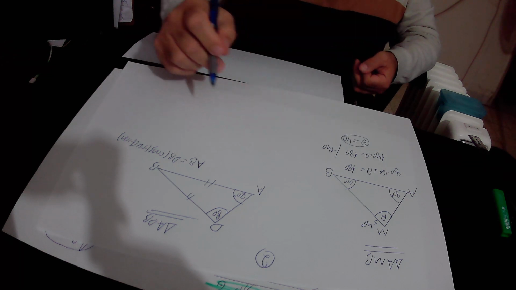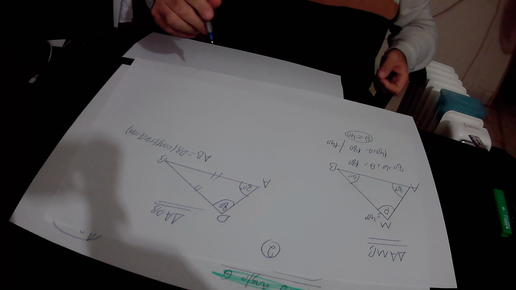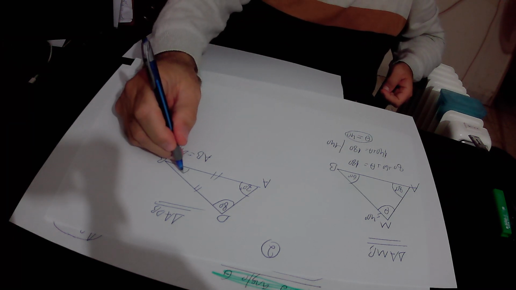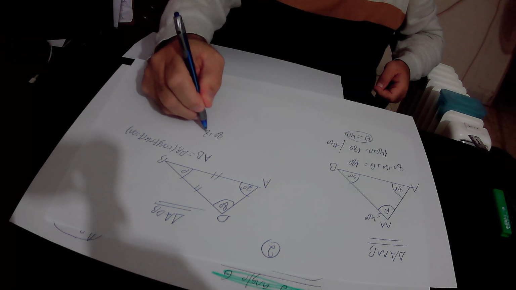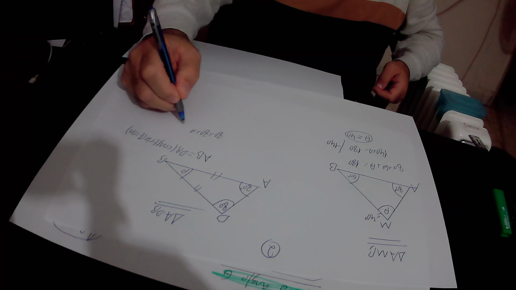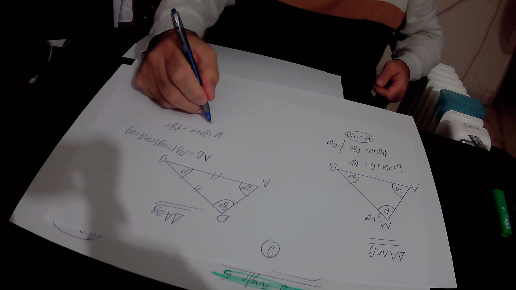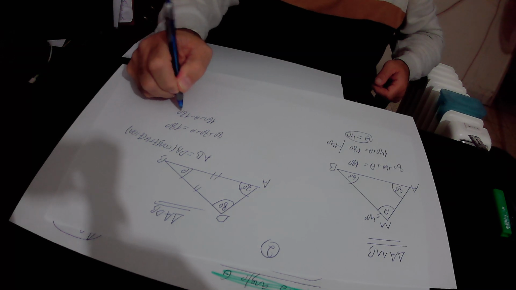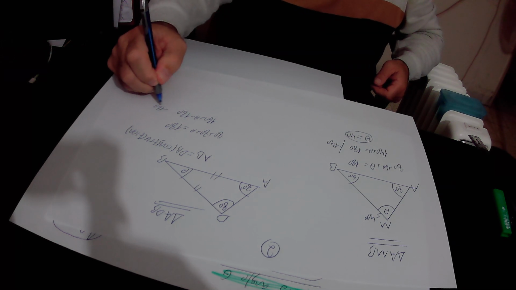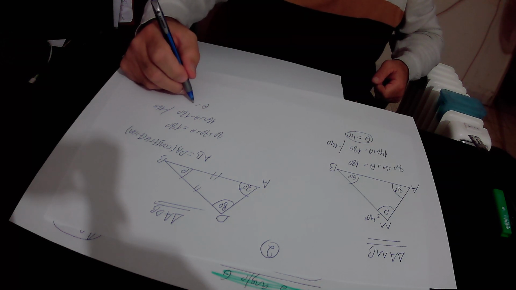We continue to focus on this triangle ADB. In triangle ADB, the sum of the angles must be equal to 180 degrees. We define the missing angle as theta. So 80 degrees plus 80 degrees plus theta must be equal to 180 degrees. 80 plus 80 is 160, so 160 plus theta equals 180 degrees. We subtract 160 degrees from this equation, and we get that theta equals 180 minus 160, which is 20 degrees.